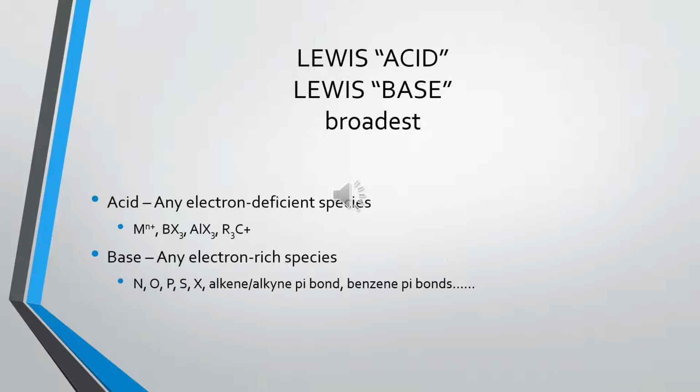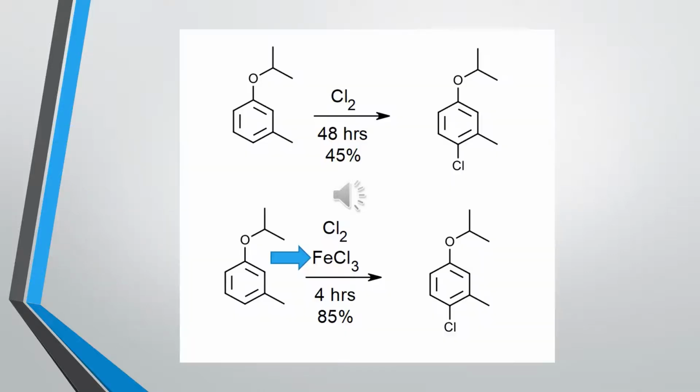Okay, let's take a look at some actual examples. Here's an example from benzene chemistry. In fact, this is electrophilic aromatic substitution. In this reaction, one of the ring hydrogens is replaced by a halogen or some other electrophile, in this case, chlorine.